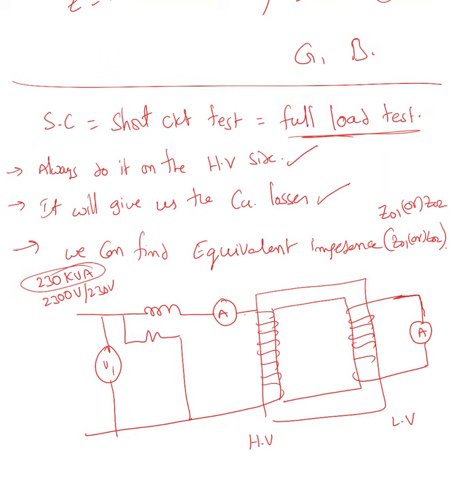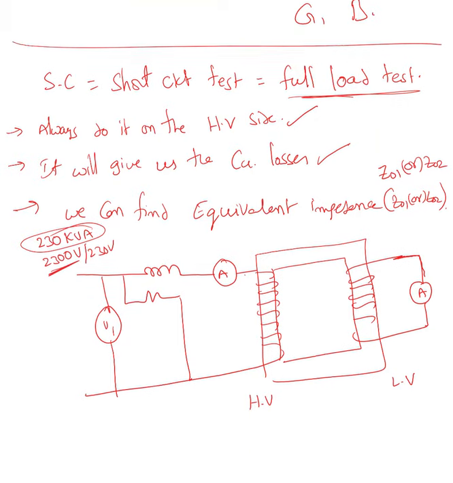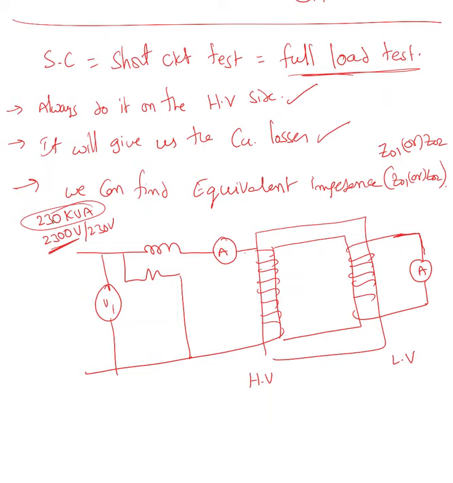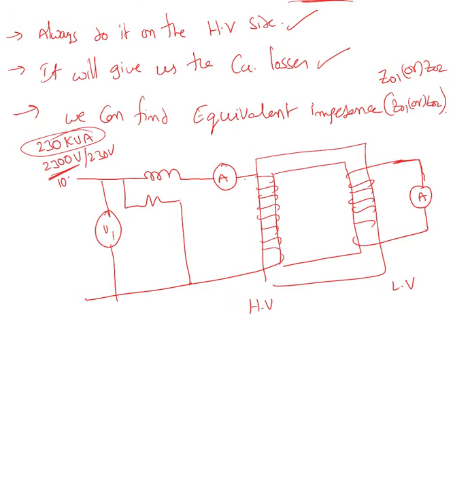Now the important thing is never ever apply the high voltage of 2300 volts here. When we look at the transformer ratio, how much current can it handle? This can handle around 100 ampere, and this can handle up to 1000 ampere. So instead of supplying 2300 here, we will supply a variable power supply and slowly increase the voltage until we see 1000 amperes there.